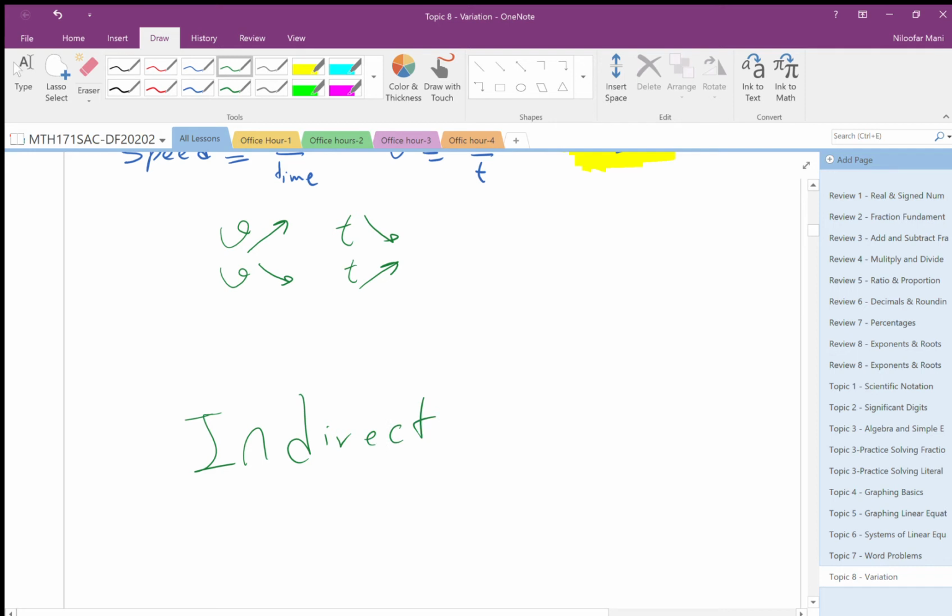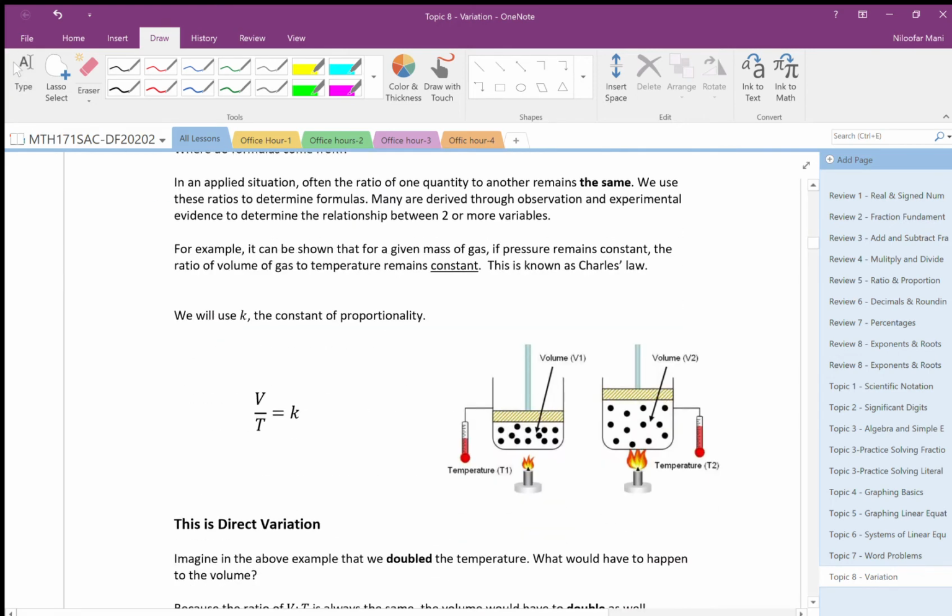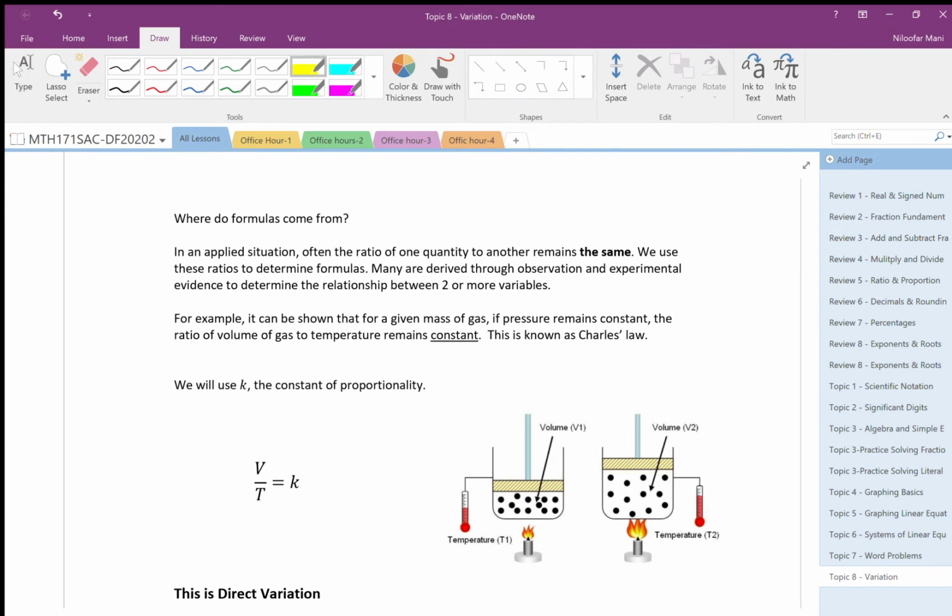Indirect, because I have a constant thing, and two other things of which one increases and one decreases. One of them decreases, the other one increases, so they change just opposite. So we say this is indirect. Now we can see where the formula is and we can work on other examples.